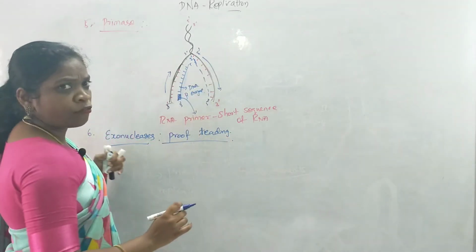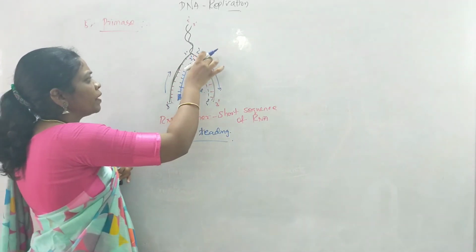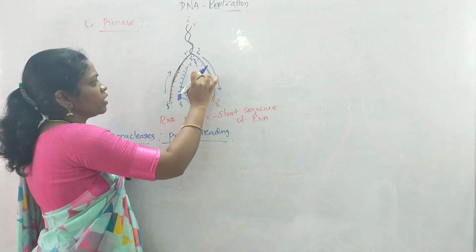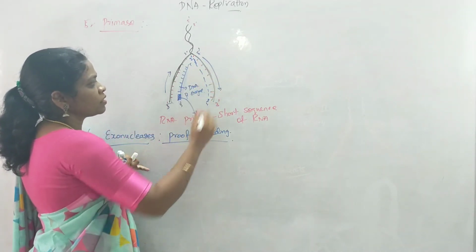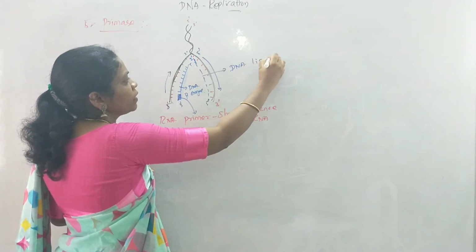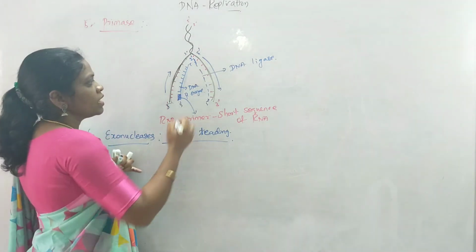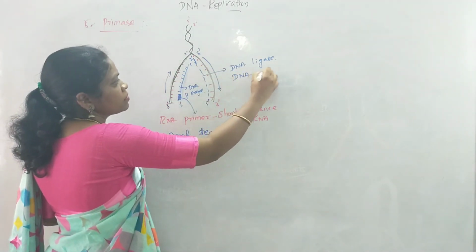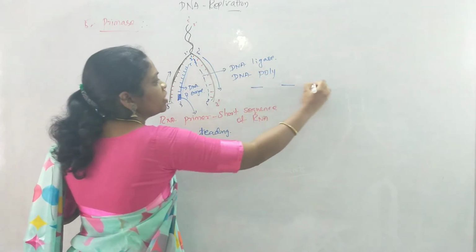When these strands are formed, the particular strand which is formed in the opposite direction will not be continuous. So these are in fragments. These fragments are joined with the help of an enzyme known as DNA ligase, and these gaps are filled by DNA polymerase. So these are discontinuous strands.